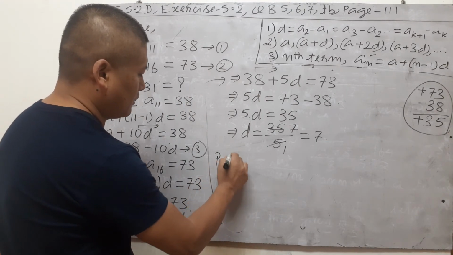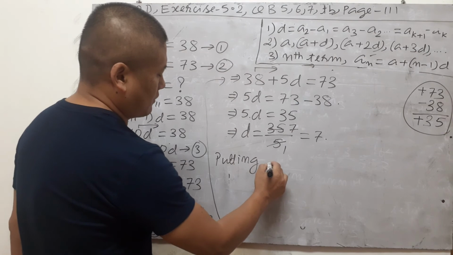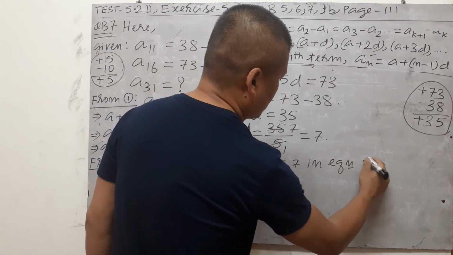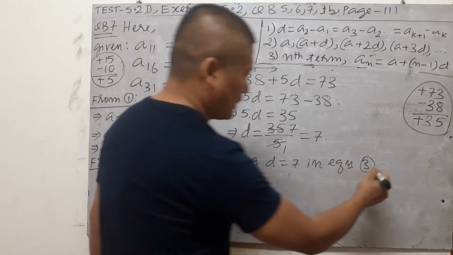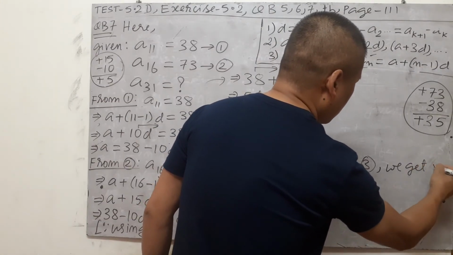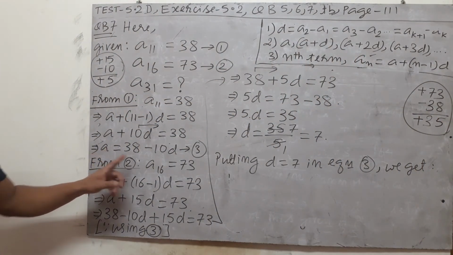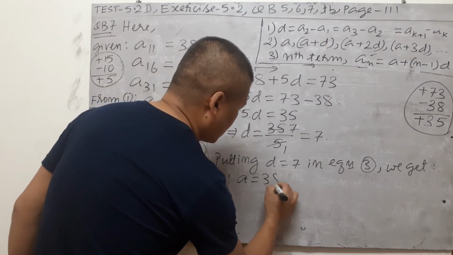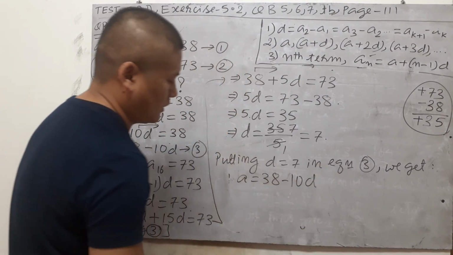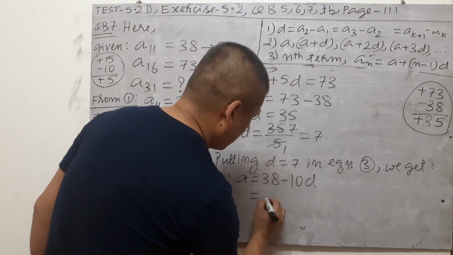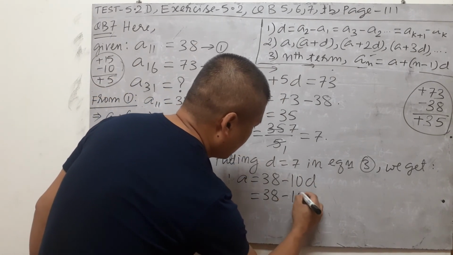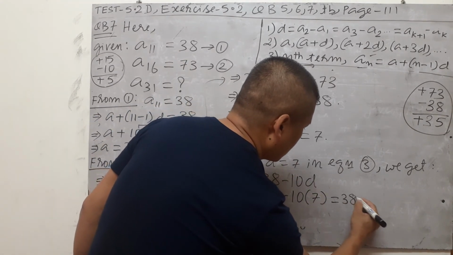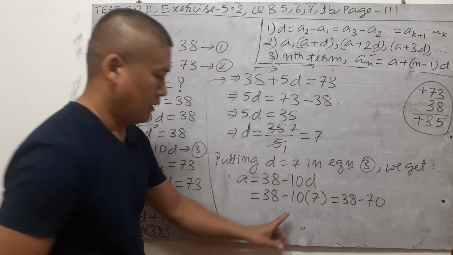So putting this D value in equation 3, because we need D and A. So to find A, I think we put in 3, we'll automatically get A. See here, 3 is this one, A equal to 38 minus 10D. So A equal to 38 minus 10D, which is equal to 38 minus 10 into D. Just now you got 7, which is equal to 38 minus 10 sevens are 70.